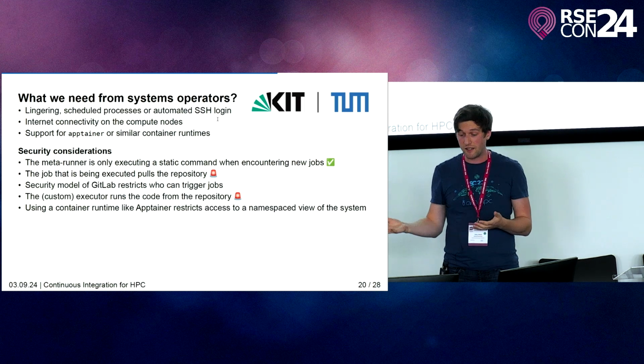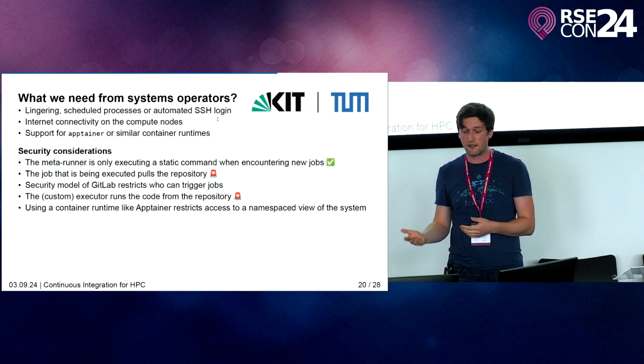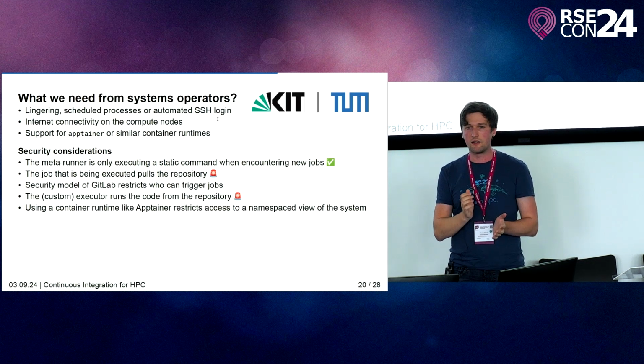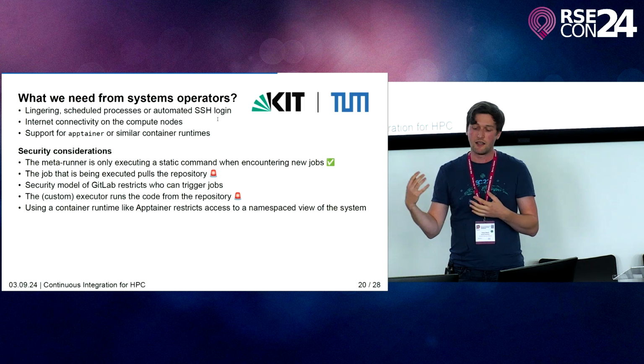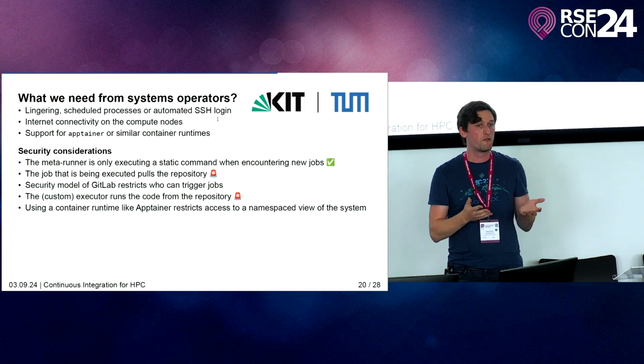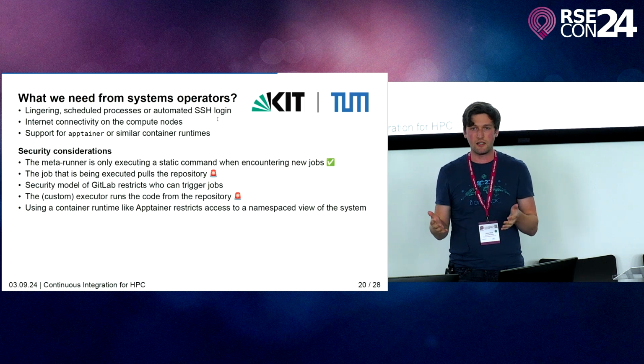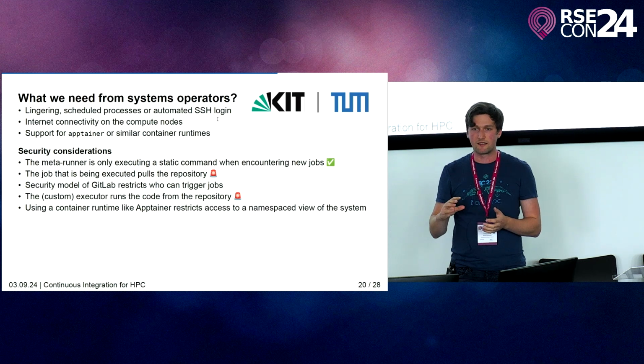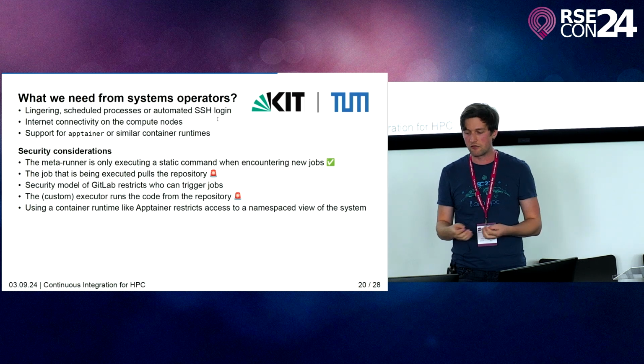And also the custom executor will then execute the code that is inside that repository, but we can kind of limit the danger of this because a container runtime like Apptainer, even though it's not built for security as a first priority, still restricts access to most of the features on a compute node. So we cannot really do any dangerous things except for just computing things.